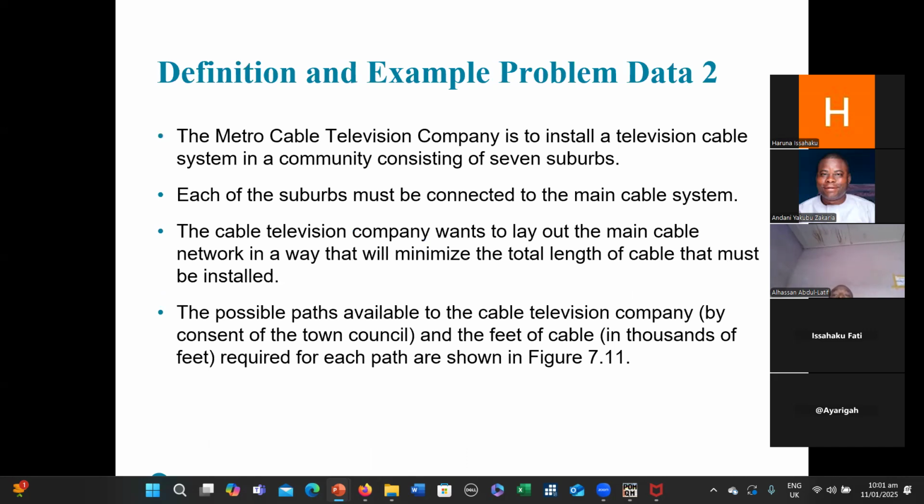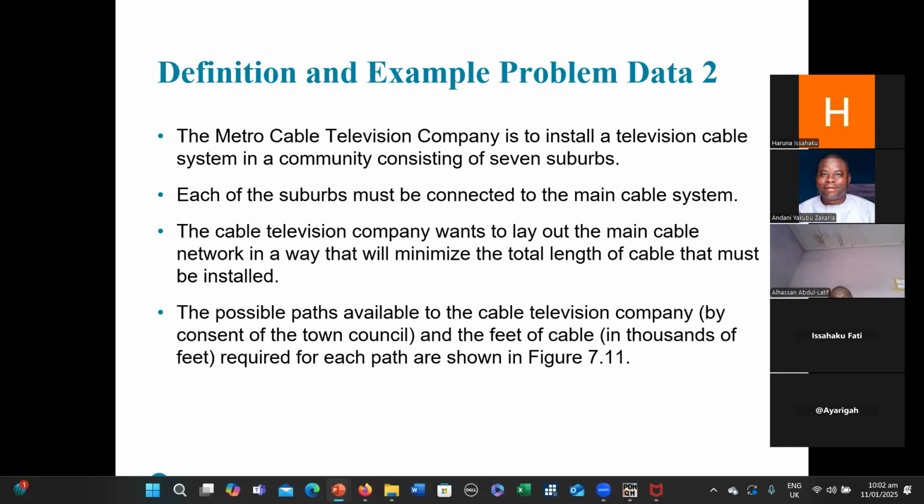So let's look at this example. The Metro Cable Television Company is to install a television cable system in a community consisting of 7 suburbs. Each of the suburbs must be connected to the main cable system. The cable television company wants to lay out the main cable network in a way that will minimize the total length of cable that must be installed.